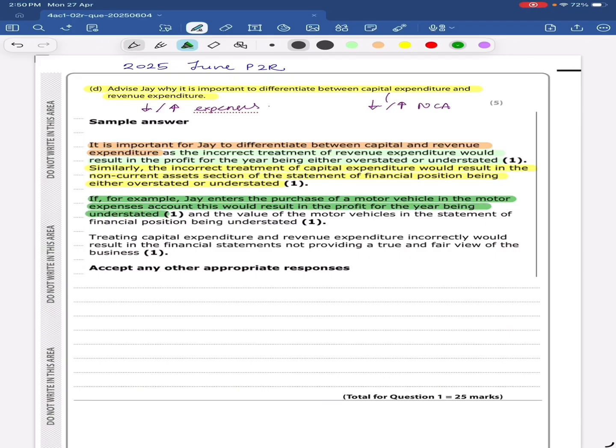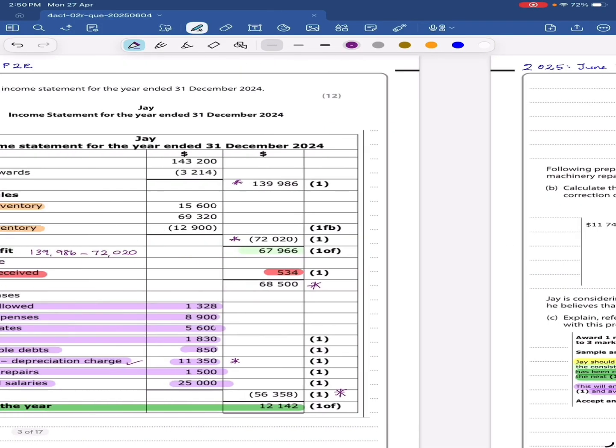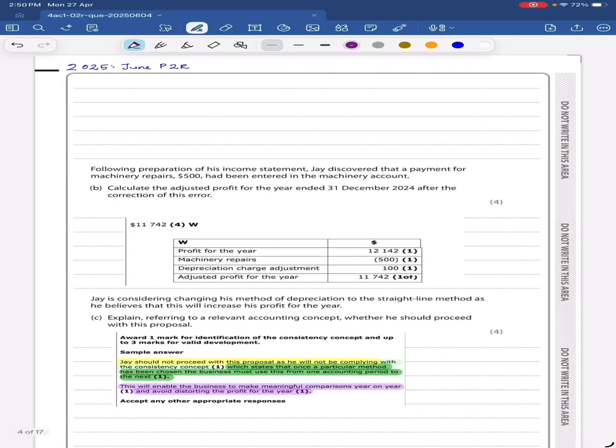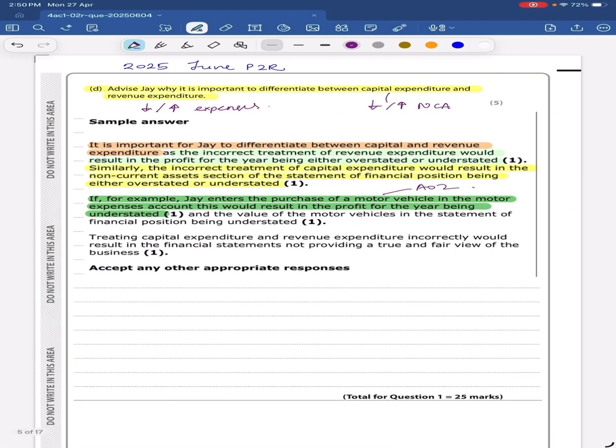Now, this is your application skill, right? And we had done the accounting treatment as well. Earlier, your profit for the year is 12,142. Now it's 11,742. So it eventually understated the profit. And the value of the motor vehicles in the statement of financial position being understated.